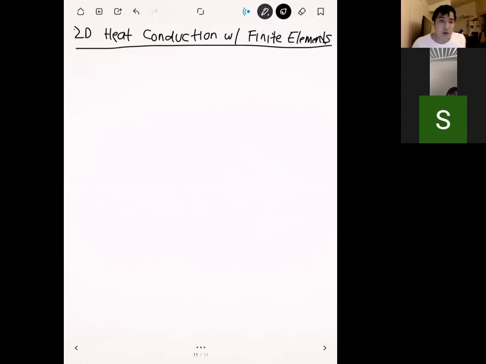In two-dimensional problems, if you're dealing with vector quantities like elasticity, it's kind of a pain because you have to solve everything twice. So I'm going to focus most of our 2D discussion on heat conduction.